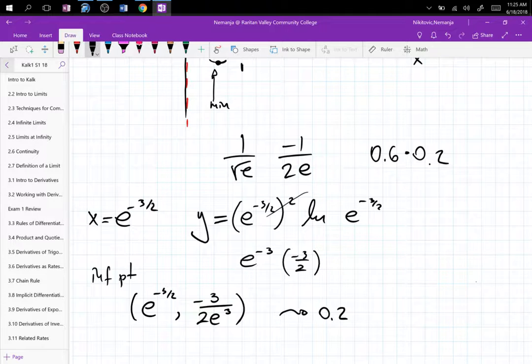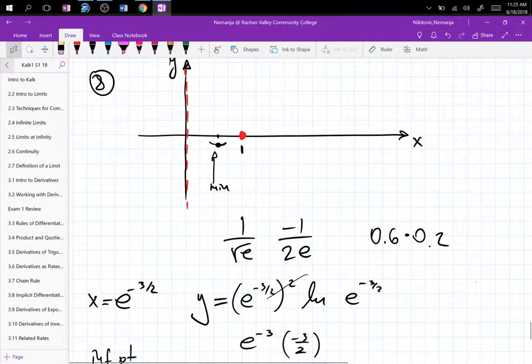Oh, perfect. Negative 0.074. So that's that. So the inflection point is somewhere over here. Nah, that's on the axis. Undo, undo.